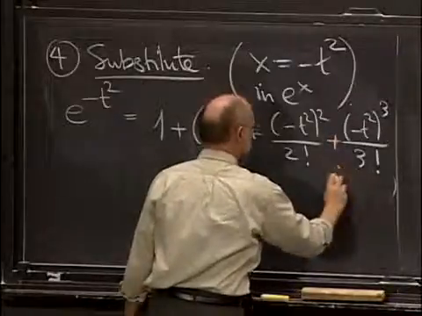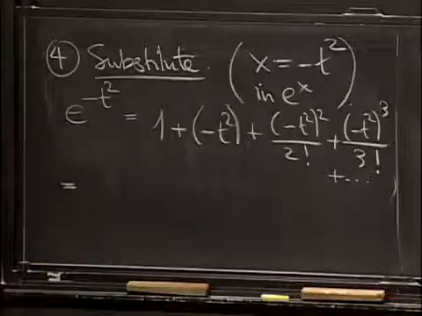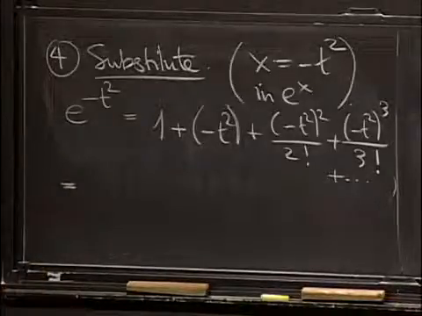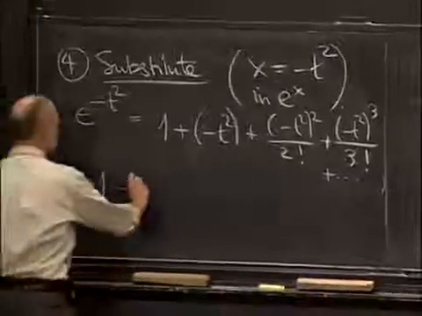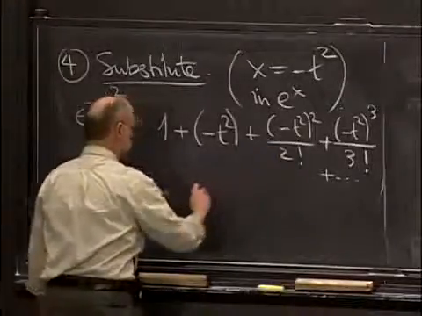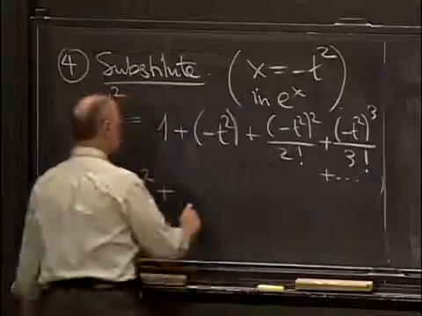And so on and so on. I just put in minus t squared in place of x there in the series expansion for e to the x. So I can work this out a little bit better. Minus t squared is what it is. This is going to give me a t to the fourth, and the minus squared is going to give me a plus.